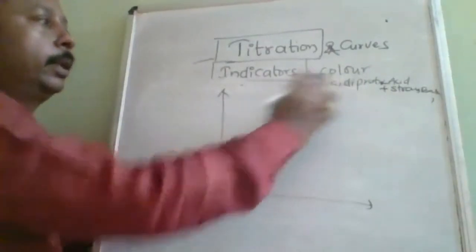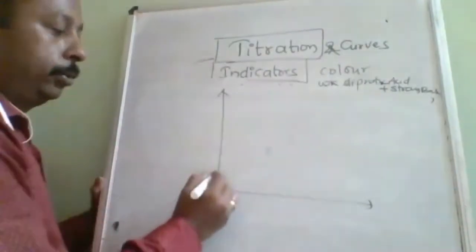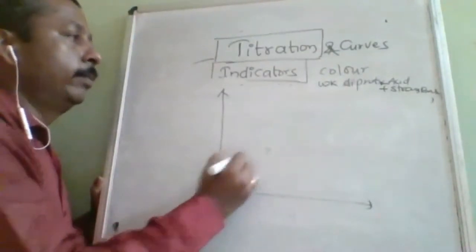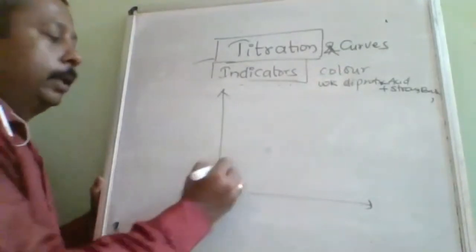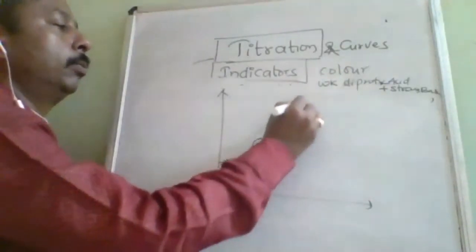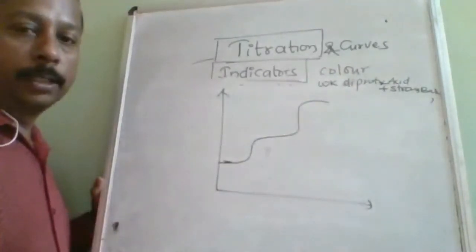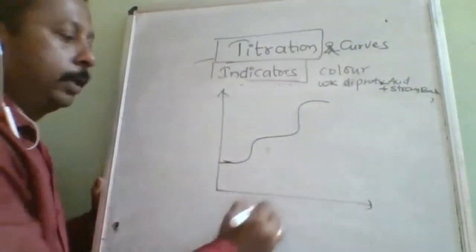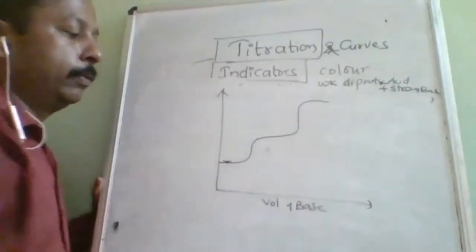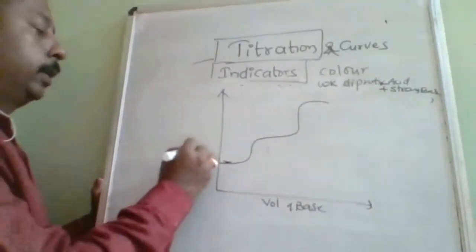Initially acid is there with us, so pH will be less than 7, but not nearby 7 because it is weak. And here we are going to get 2 equivalence points. Here it is volume of base, and here it is pH.